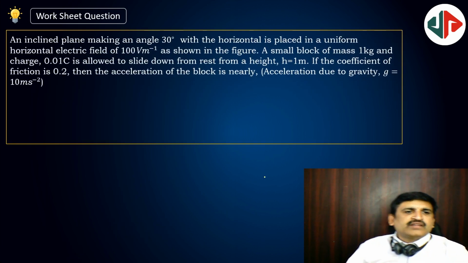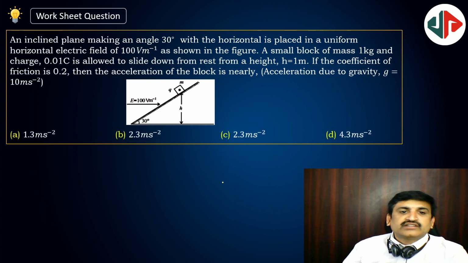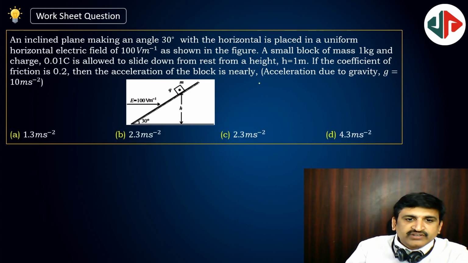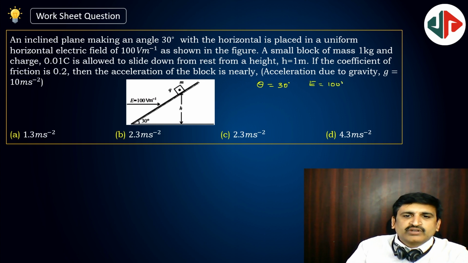An inclined plane making an angle of 30 degrees with the horizontal. Write slowly. Theta equal to 30 degrees. Next, in a uniform electric field, E equal to 100 volt per meter, as shown in the figure.